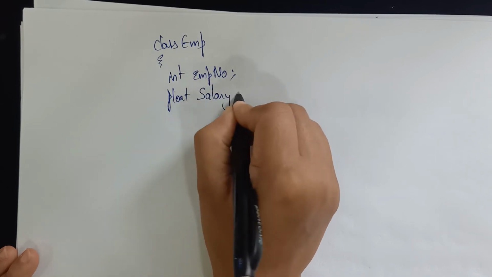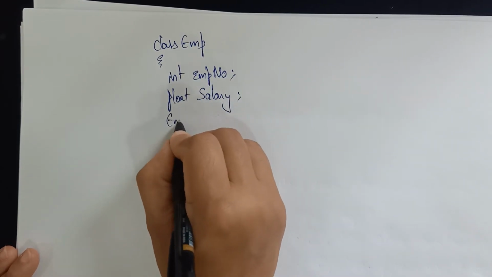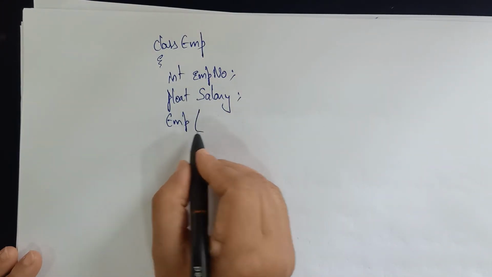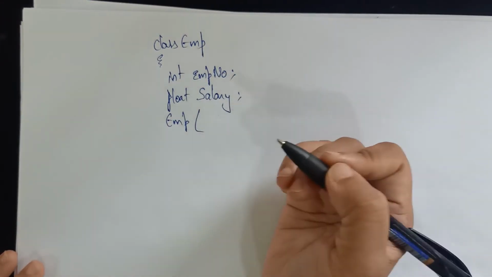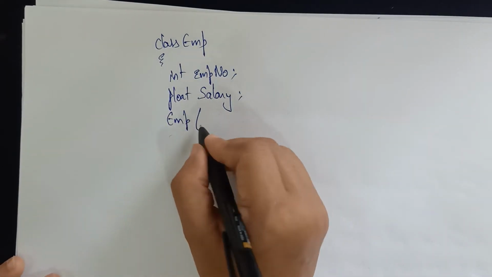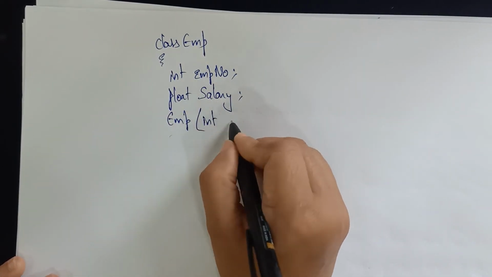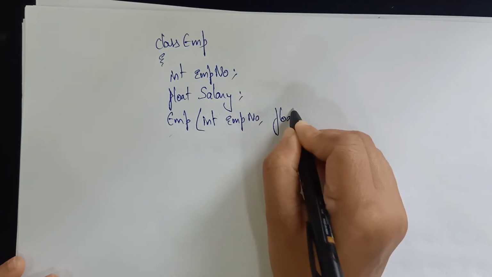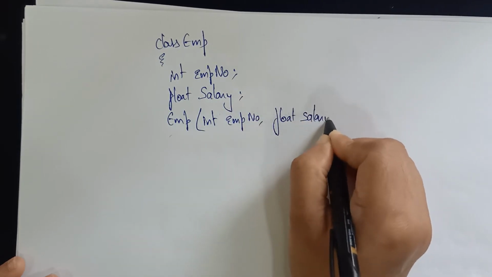That's it, instance variables. Now I am calling the constructor with arguments. Employee is my constructor. The constructor name and the class name are both the same. A constructor with arguments is a parameterized constructor: int employeeNumber, float salary.